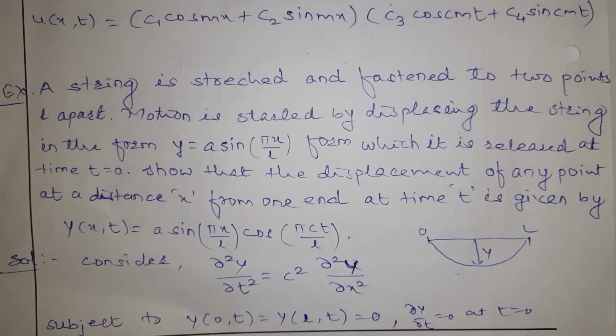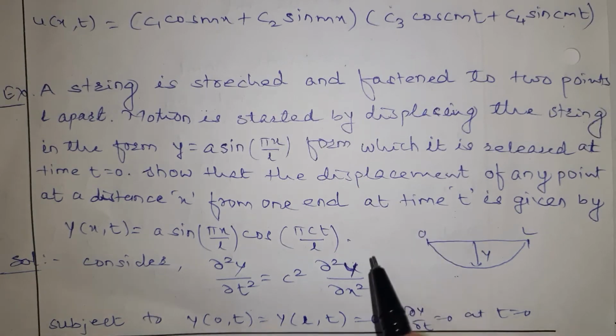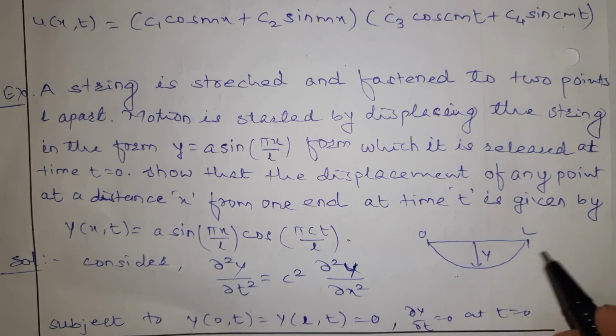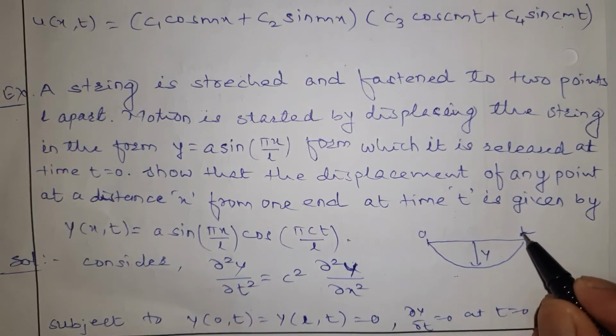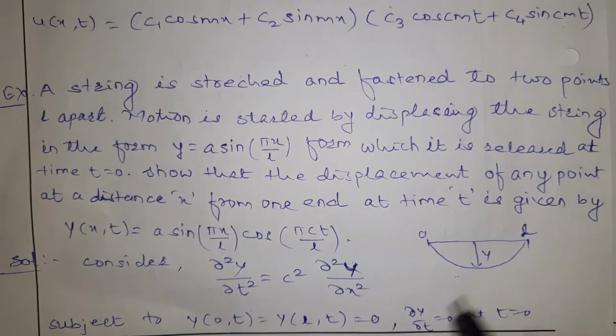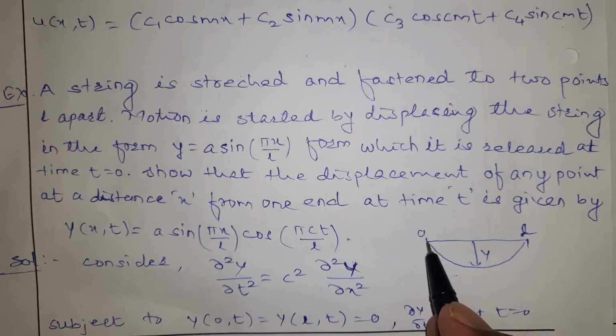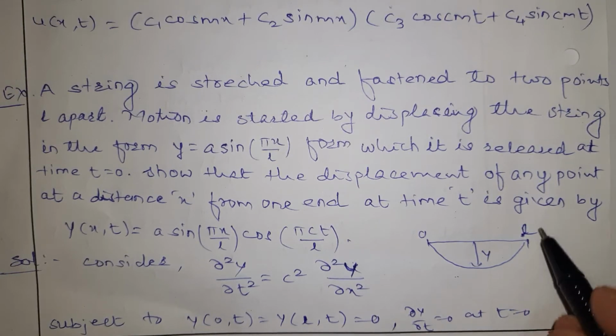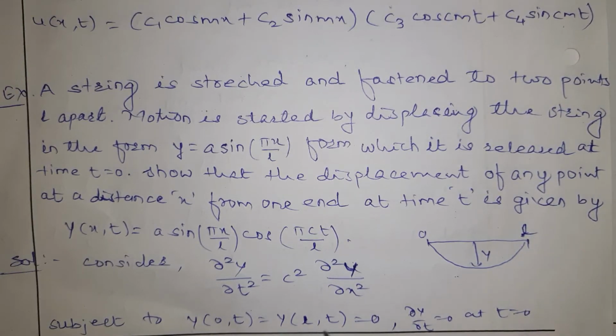Now what are the conditions given here? You can see string is fastened between 2 points. Small l is the length. So at the initial point there is no displacement, so y of 0t is 0. And at length L, again y of Lt is also 0.